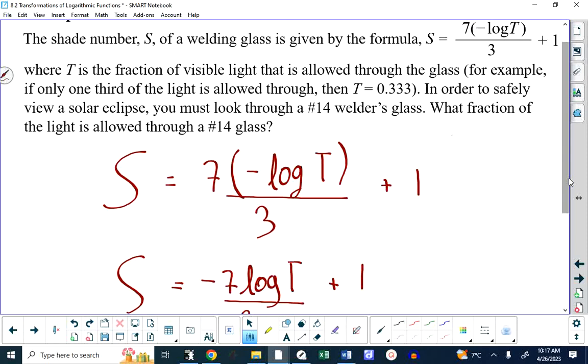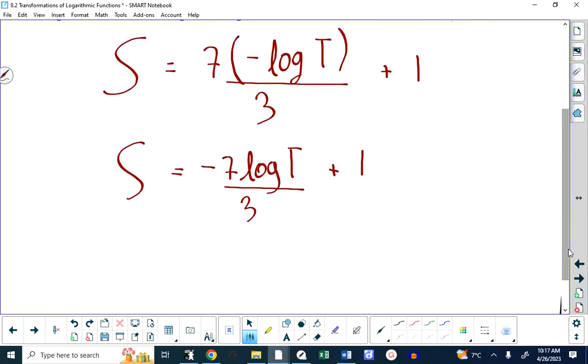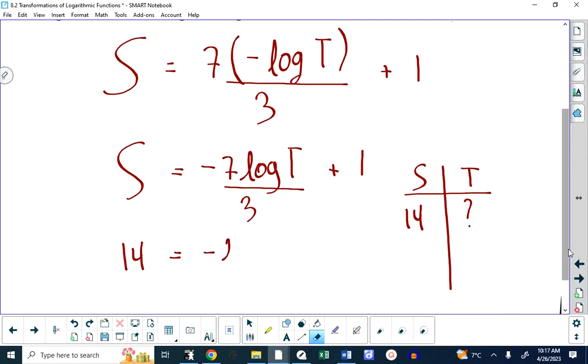And the question is really this: what's T if S is 14? This is not a complicated question. We're simply going to solve this equation: S equals negative 7 log of t, and it's a base 10 logarithm, over 3, plus 1.